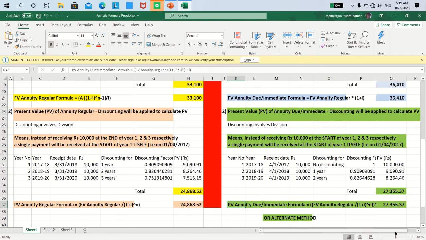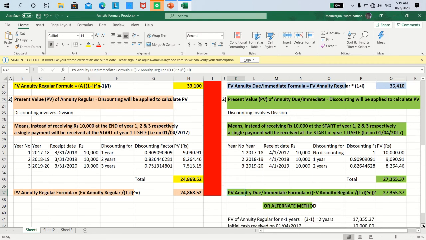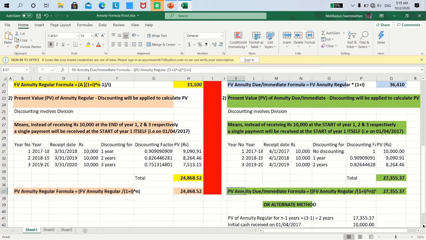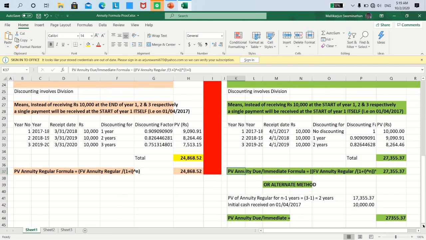So everywhere you notice that whether you are calculating PV of annuity regular or FV of annuity due or immediate or PV of annuity due or immediate, the starting point goes back to FV annuity regular, which is why I was telling you quite a few times that you just need to remember the GP finite series summation formula, and then you can easily arrive at this answer.